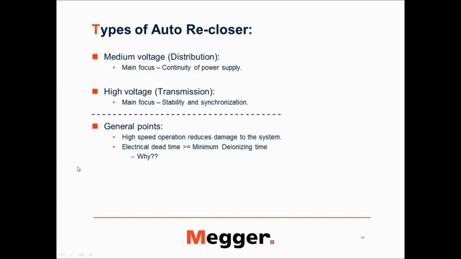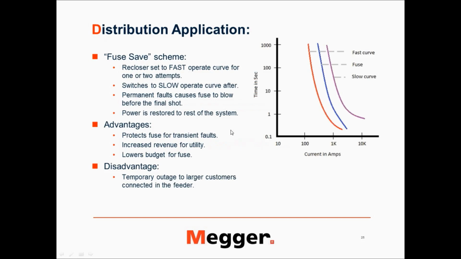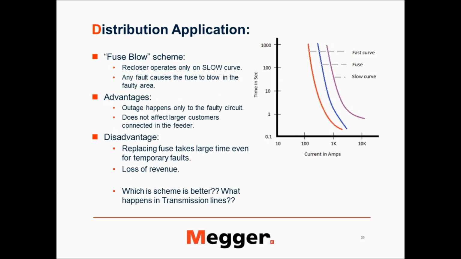Now, we'll see some applications mainly focused on the distribution side. There are 2 types. One is the fuse save scheme, and the other one is the fuse blow scheme.